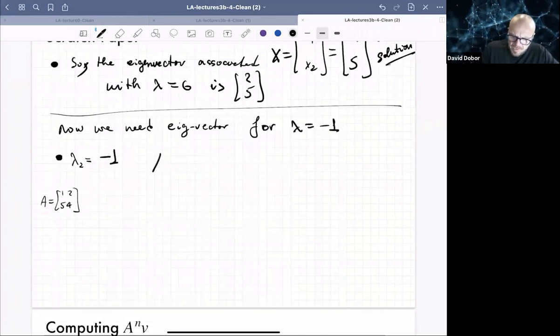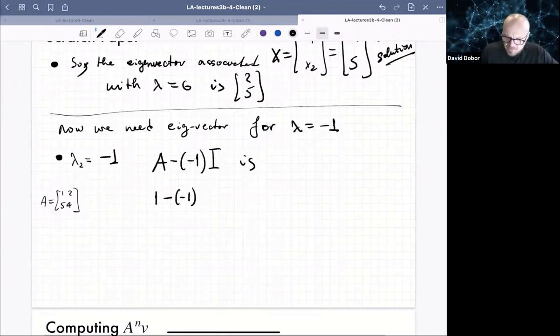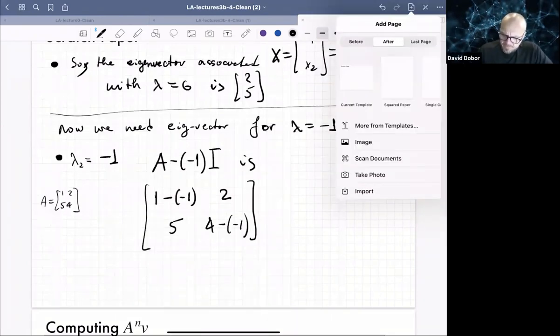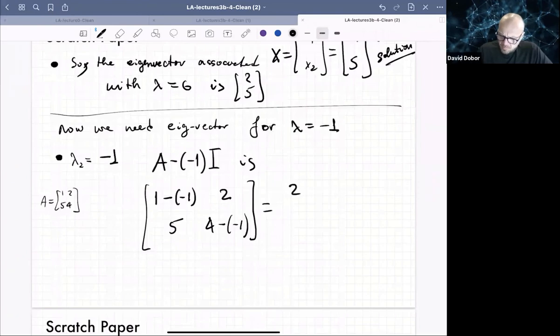So A minus lambda I is 4 minus -1, and those off-diagonal entries are always the same. So this is the same as 5, 2, 5, 2. I better have rows that are multiples of one another.